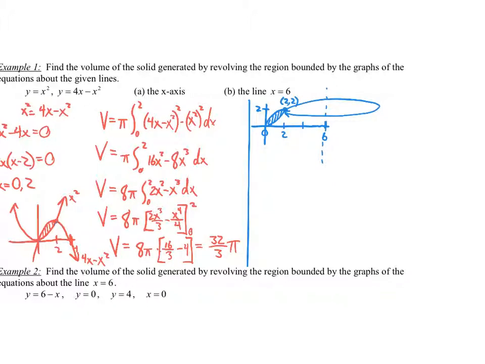How would we do this around the y-axis here? Get the equations so that they're in terms of y, and then integrate with respect to y. Okay, we're going to integrate with respect to y, but instead of revolving around x equals 6, how would I get this whole problem to be revolving around x equals 0, the y-axis?